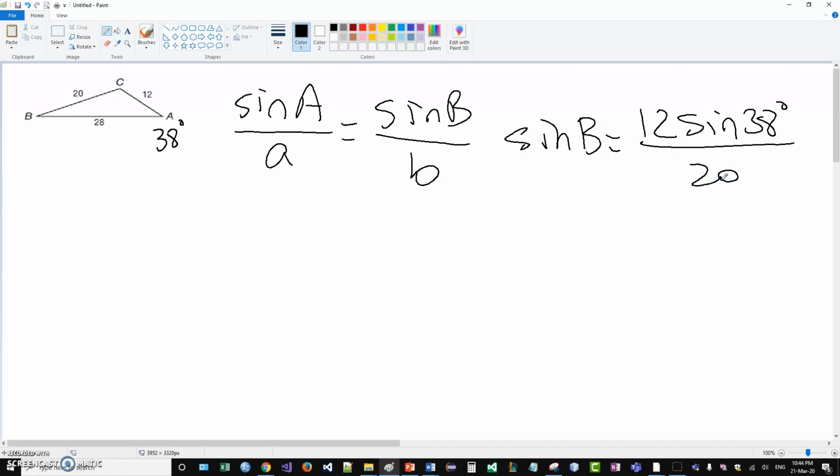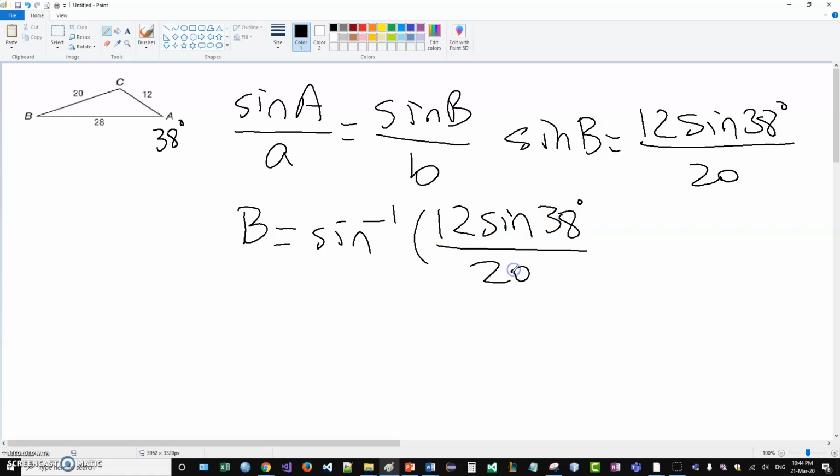To find angle B, we use the inverse sine function: sine inverse of 12 sine 38 degrees over 20.